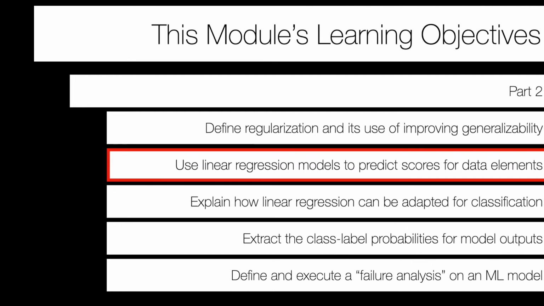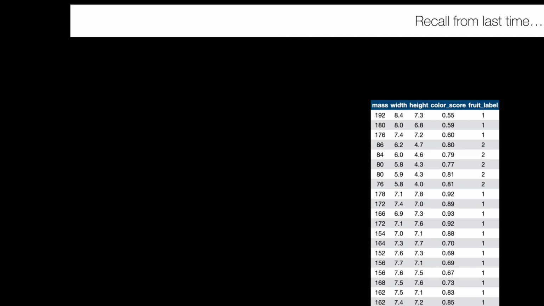Let's see how we'll bridge the connection between generalization and regularization and linear regression. So recall from last time, I gave you a data set of a number of features about flowers, this X data matrix, and some labels about these features, about what kind of fruit they were.